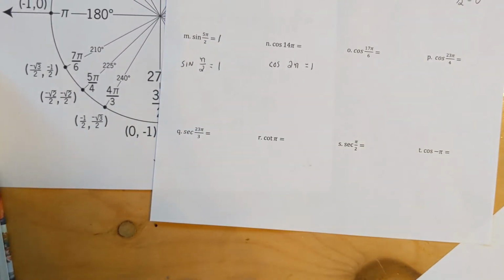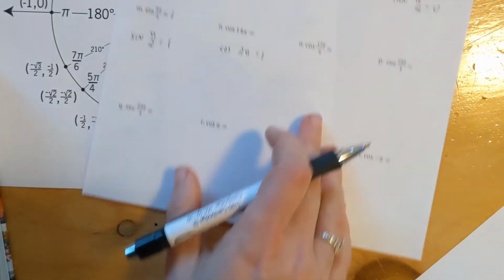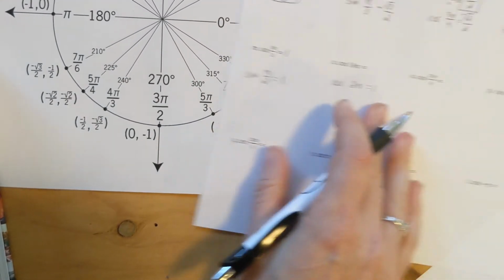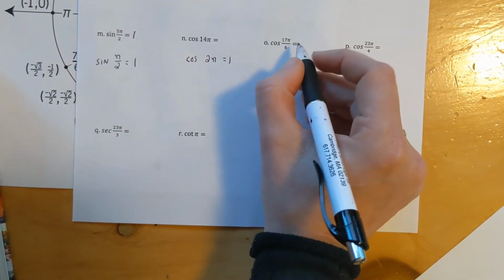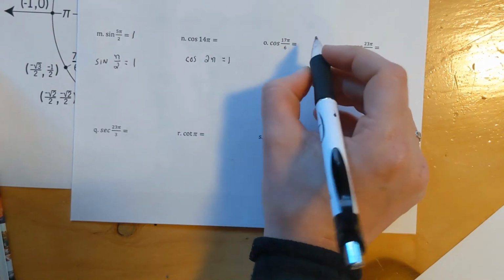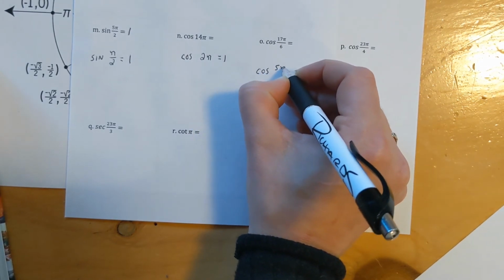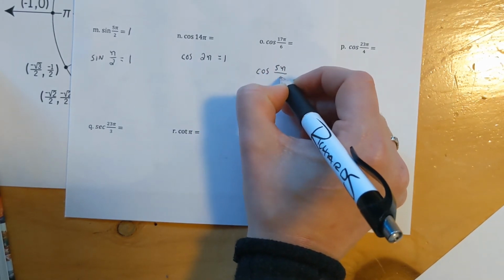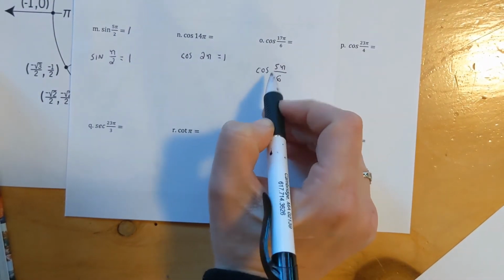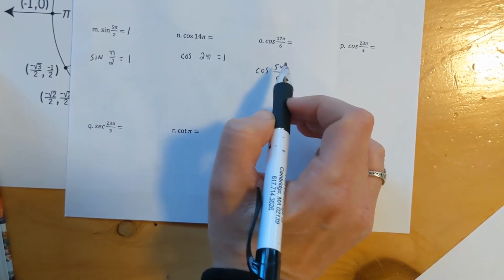All right, a couple more of these where you're subtracting 2 pi. So here again, I'm subtracting 2 pi because my unit circle doesn't go up to 17 pi over 6. Subtracting 2 pi is the same as subtracting 12 pi over 6. So cosine of 5 pi over 6. These angles are coterminal, so if I find cosine of 5 pi over 6, it's the same as finding cosine of 17 pi over 6.